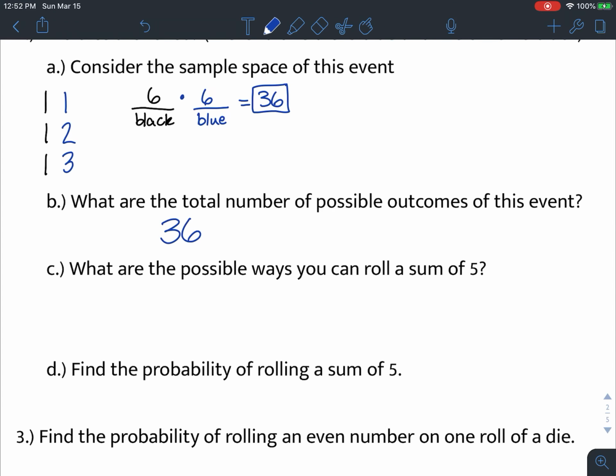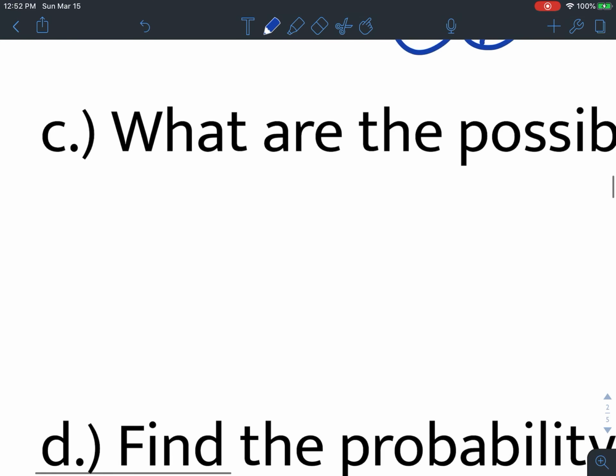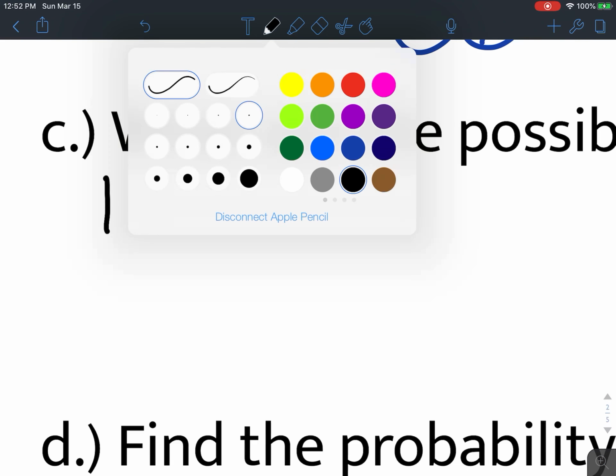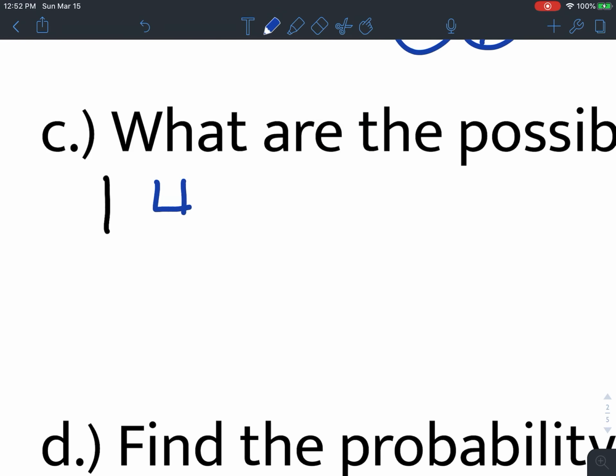Okay, what are the possible ways you can roll a sum of 5? Okay, so that means adding them together. So I could roll a 1 on the black die and a 4 on the blue die, and that would give me 5.